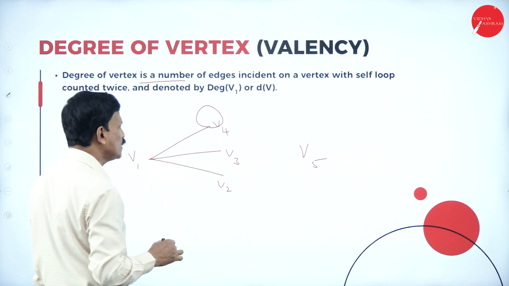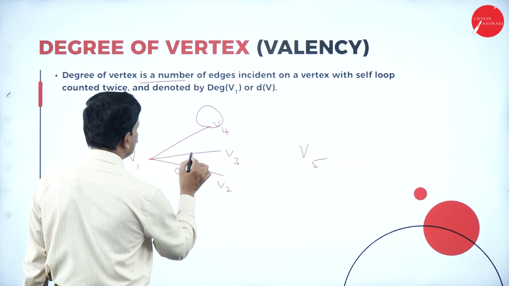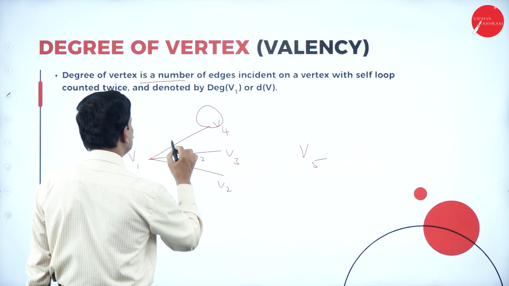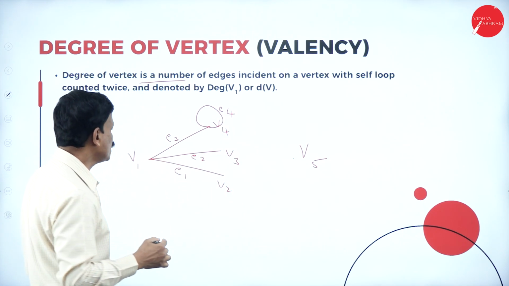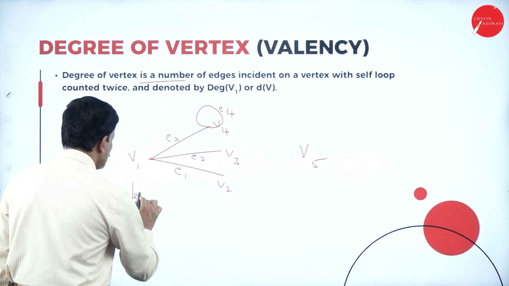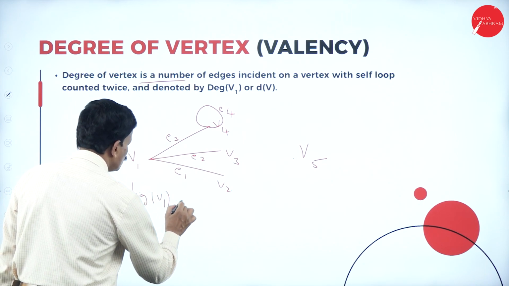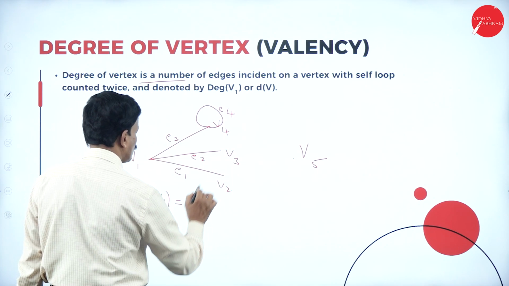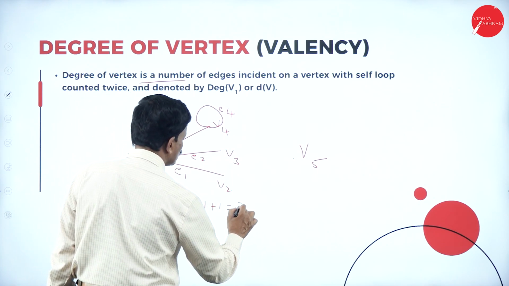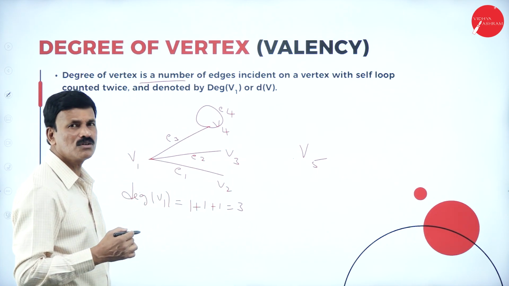These are E1, E2, E3 and E4. Now, let us write down the degrees. Degree of V1: V1 is connected one time plus one time plus one time, 1 plus 1 plus 1, so degree of V1 is equal to 3.